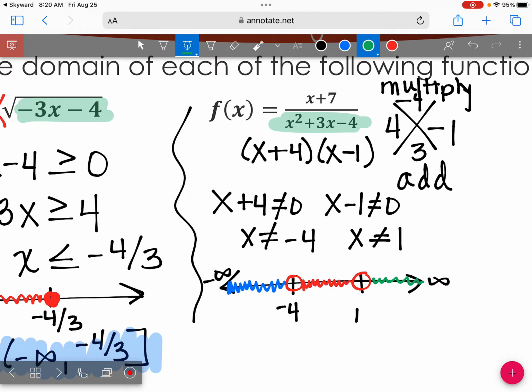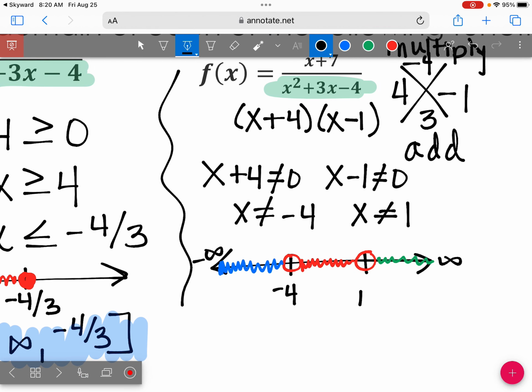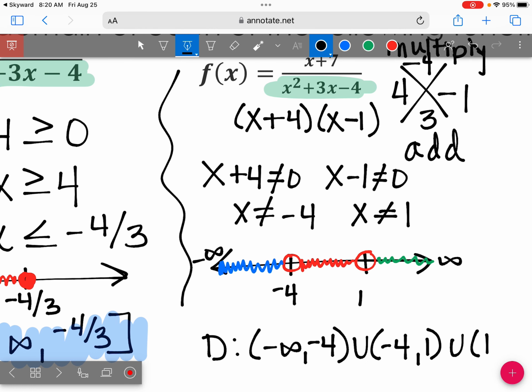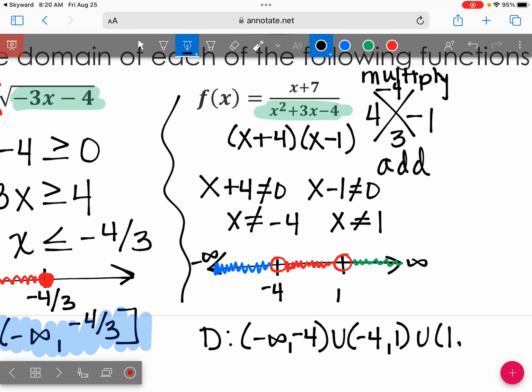So the way we would write that on our test, my domain: parentheses, negative infinity to negative 4, all parentheses, no brackets, because nothing can equal, union negative 4 to 1, union 1 to infinity. And that is my domain.